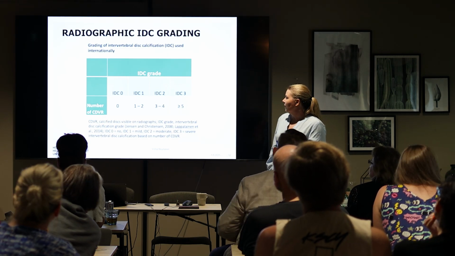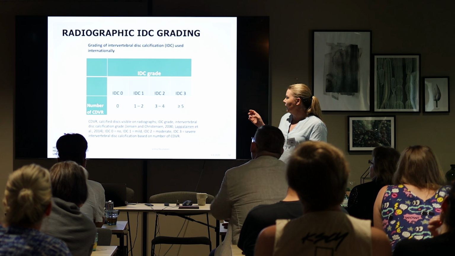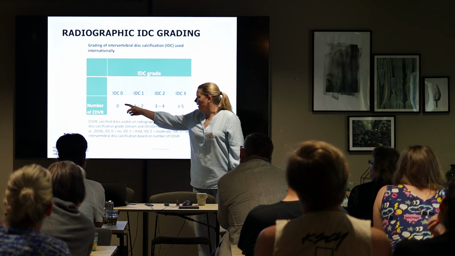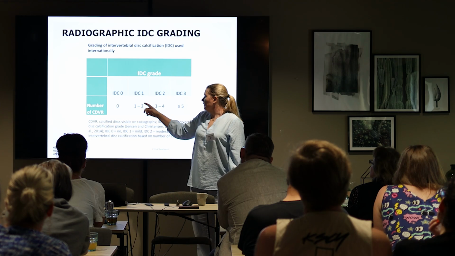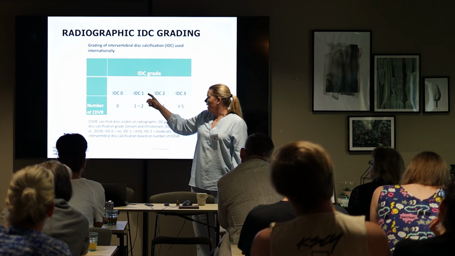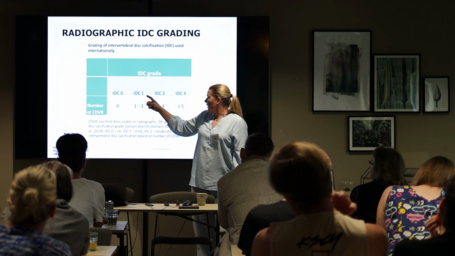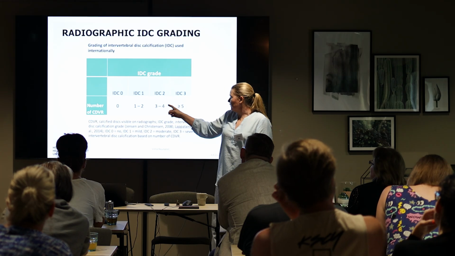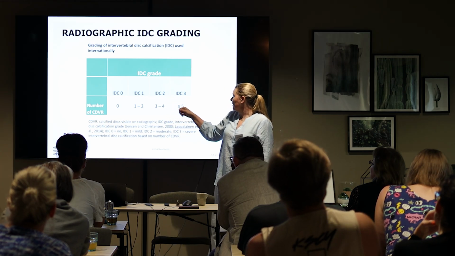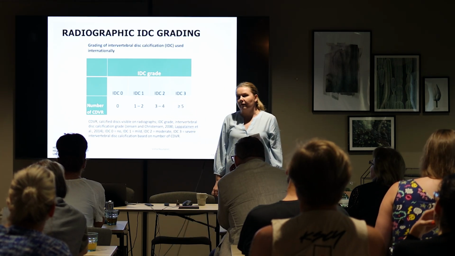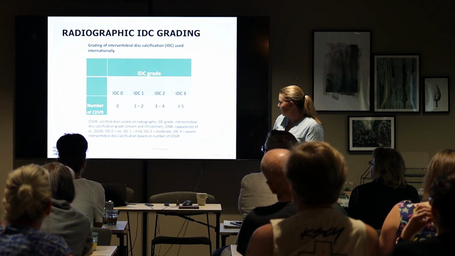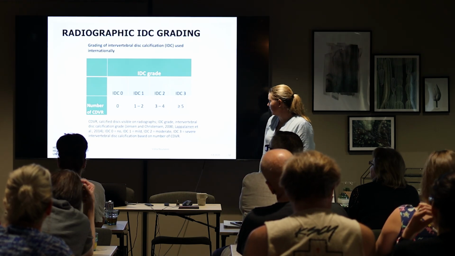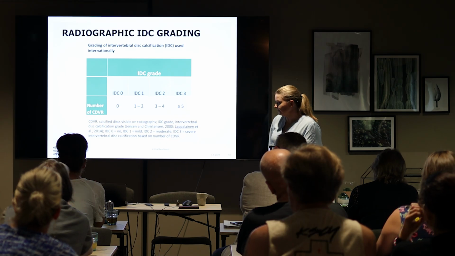The grade is given like this: if it doesn't have any calcified discs, it gets grade 0, and if it has 1 to 2, it gets grade 1, so mild calcification. If it has 3 to 4, it gets grade 2, and if it has at least 5 calcified discs, it has grade 3, so severe calcification.